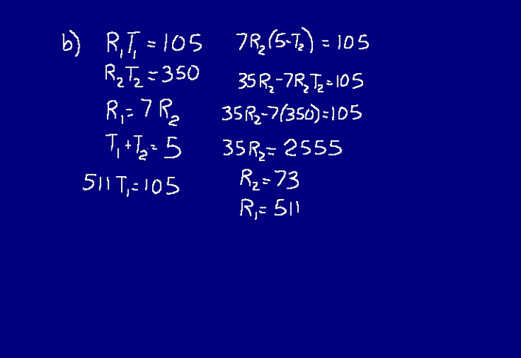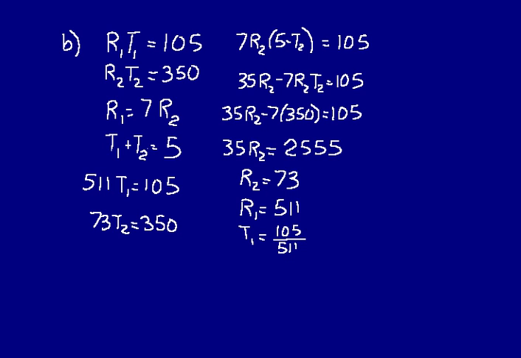And so we'll just write that like a fraction. T1 is equal to 105 over 511. And then T2, let's just solve that by substituting into R2T2. So we'd say 73 T2 is equal to 350.